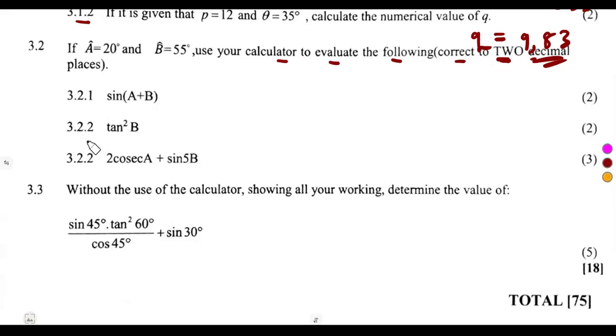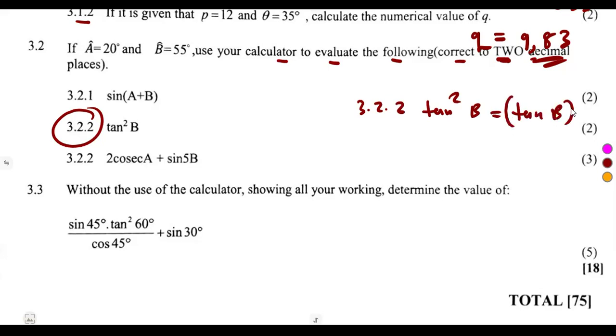Like that. Next, tan squared of B. The tan squared of B is the same as tan B squared, like this. That is what it means. So we have the tan of B. What is our B? 55 degrees. But that must be squared, all of it.